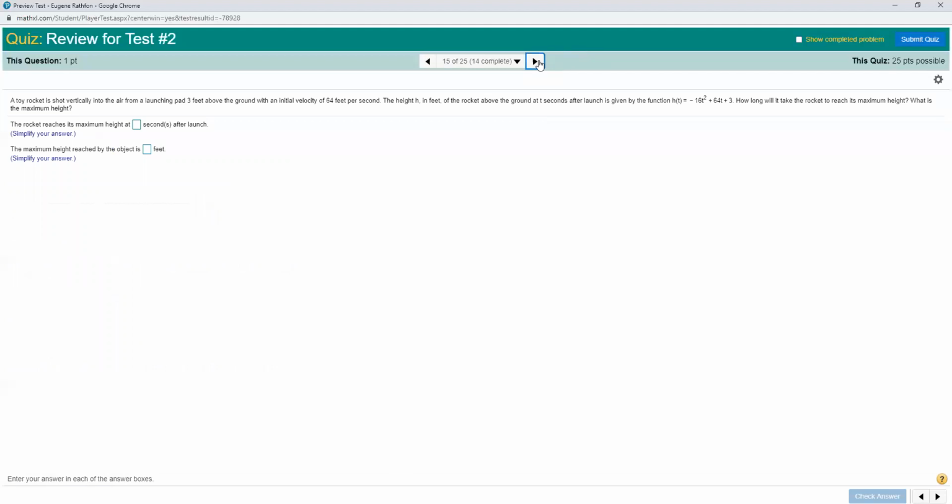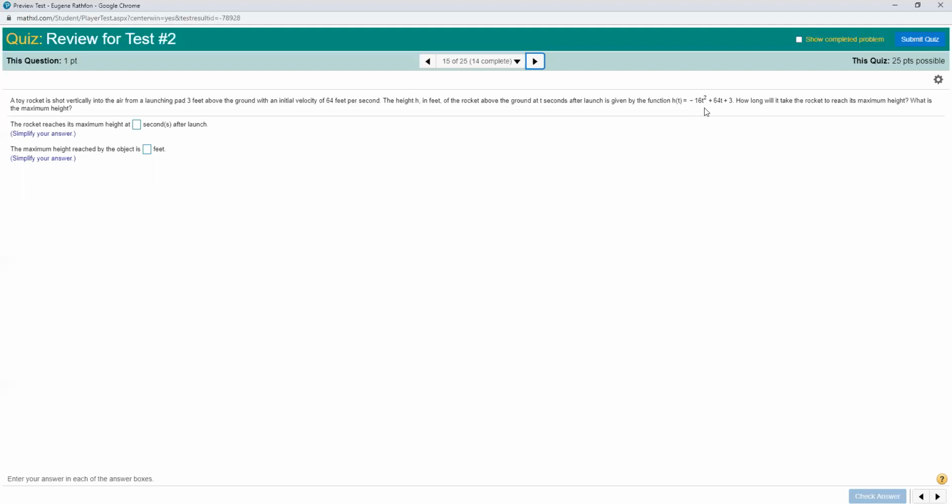All right, so 15, let me get the formula there. So they're giving us this formula, h of t, which means the height of the rocket depends on time, equals negative 16t squared plus 64t plus 3.